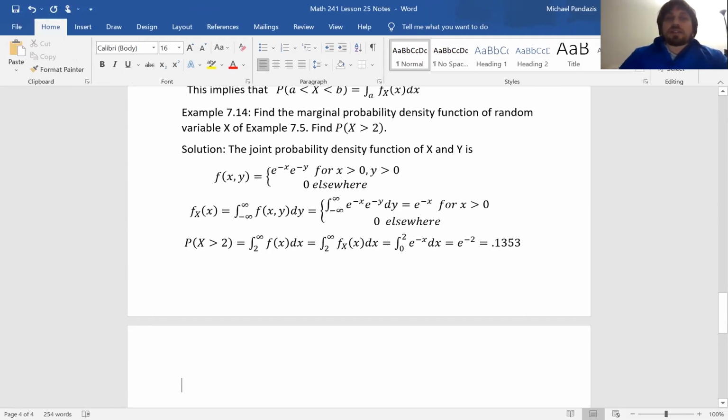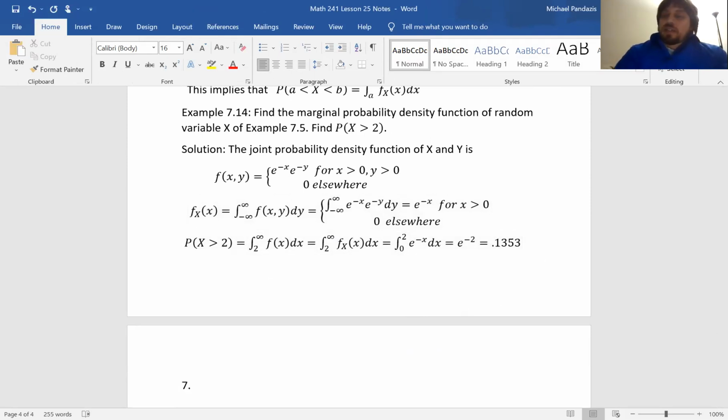Okay, and so you just plug in this PDF here for x positive, 0 elsewhere. And so for x greater than 2, since 2 is greater than 0, you're just integrating from 2 to infinity.